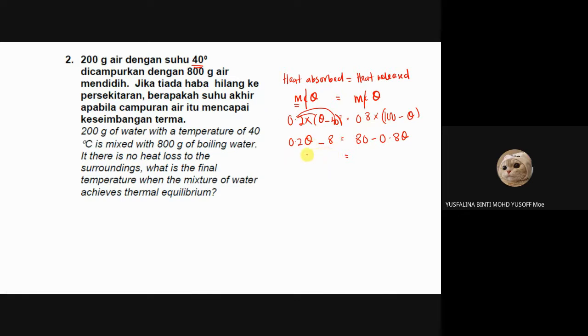So this one, 0.2 theta plus 0.8 theta equals to 80 plus 8, right? Yeah, so you got 1 theta here is equal to 88 degrees Celsius.